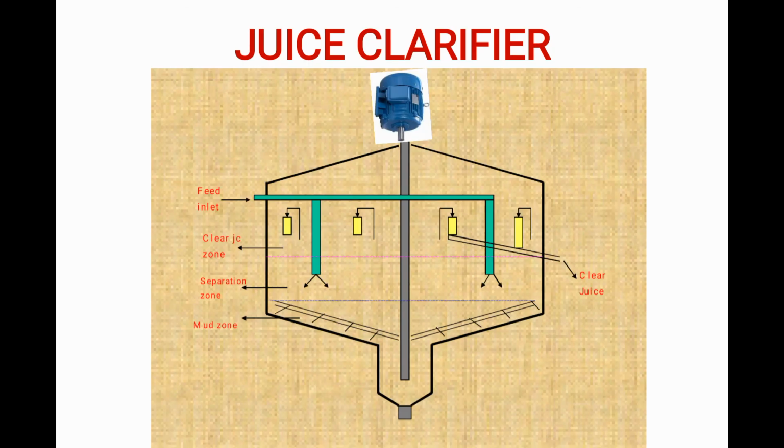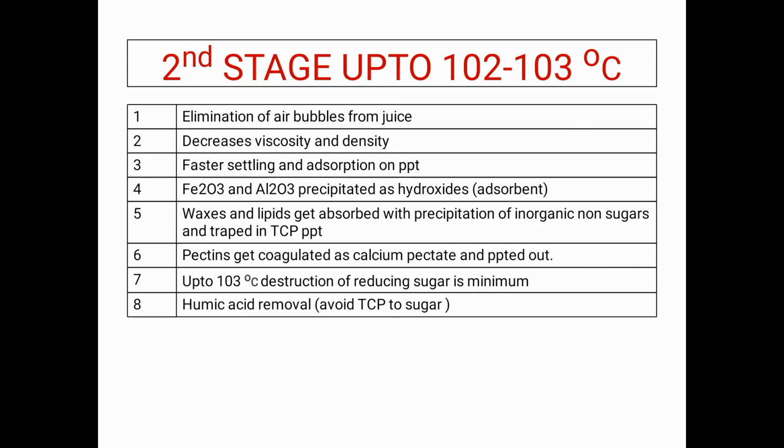In the feed line only we have to add the flocculant, so that whatever precipitate has been formed, the flocculant will form a surface, collect that suspension and form a heavy particle, and that will settle easily. So this will allow faster settling and absorption on the precipitate.